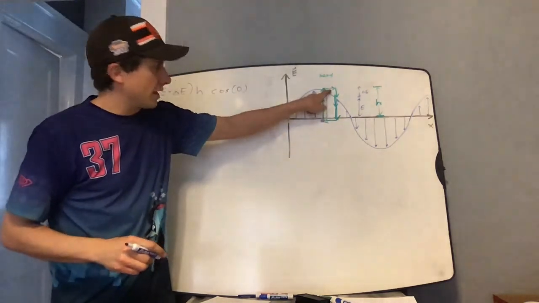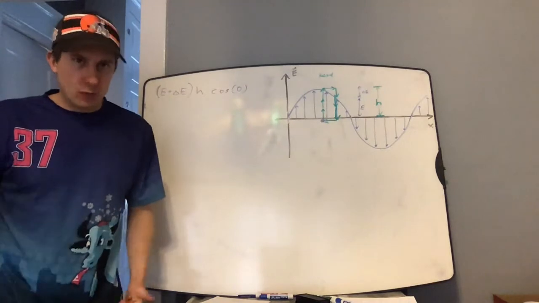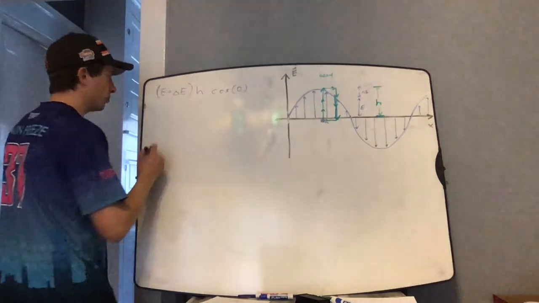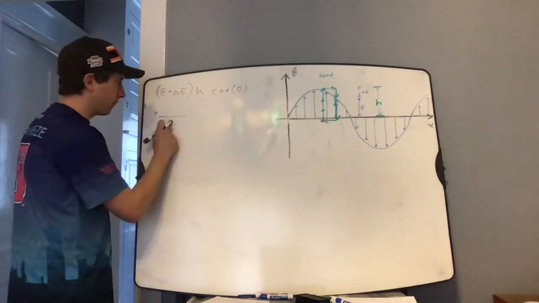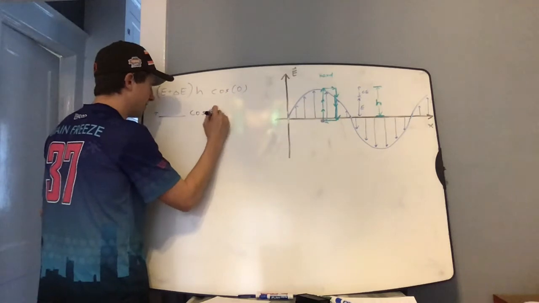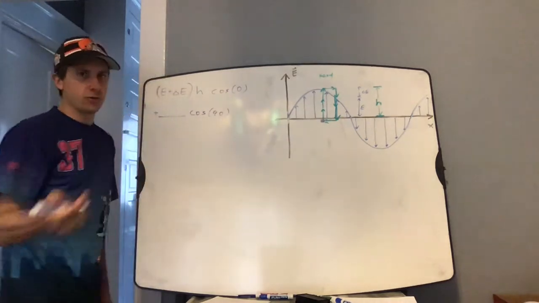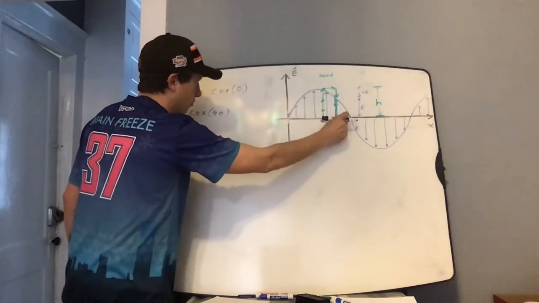Then I will turn and start walking to the right. When I walk to the right, I walk perpendicular to the electric field, so it does not matter what I have for E and delta L, because I have cosine of 90 degrees, which is just 0 anyway. Then I will turn and walk downward.